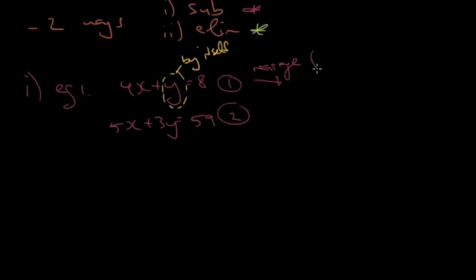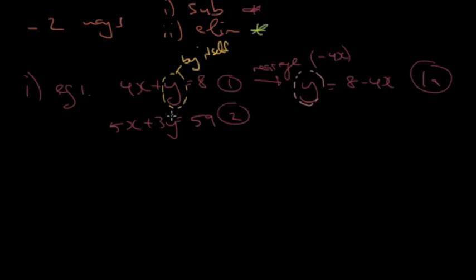So rearrange, which is take 4x from both sides, which gives us another equation. So this side minus 4x equals just y, and then we've got 8 minus 4x, and we can call this equation 1a.